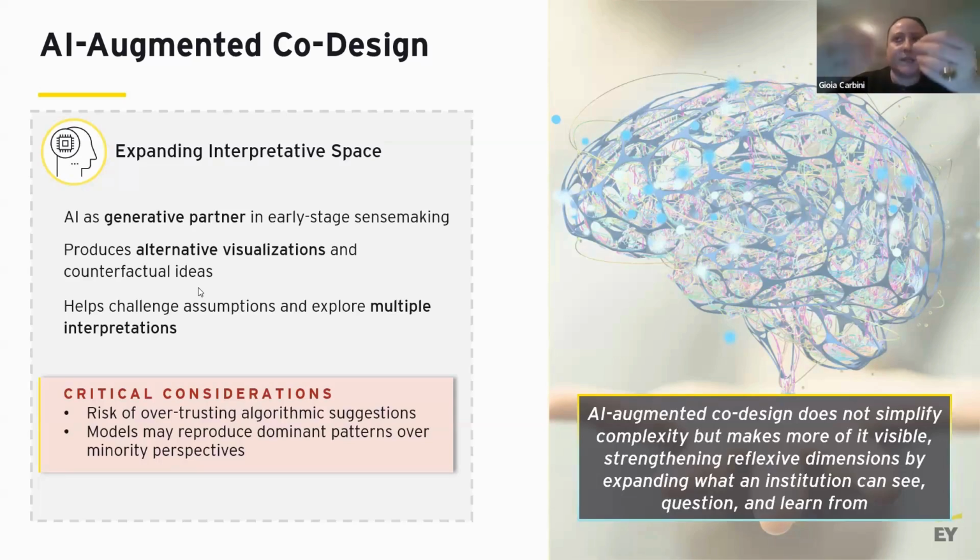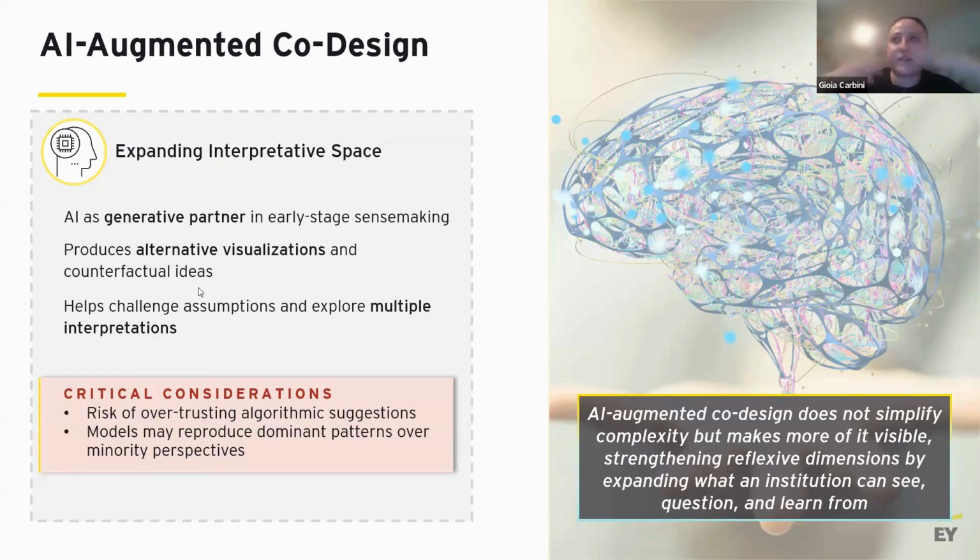But if we apply our reasoning to the way in which AI could be used in the design process, this is something that we can reflect on also during futures reflections, because obviously the value is not automatic.